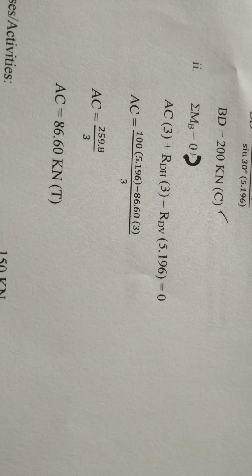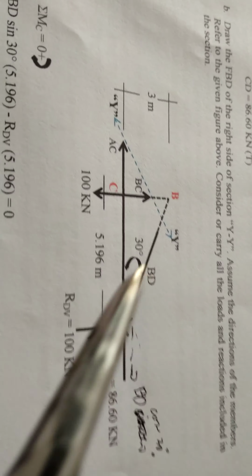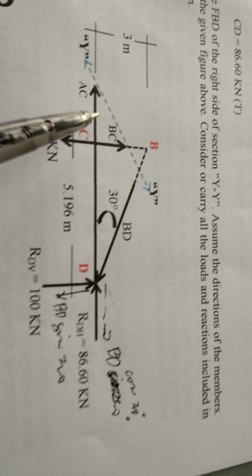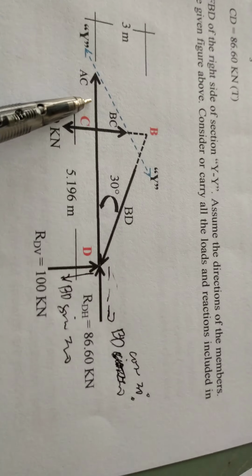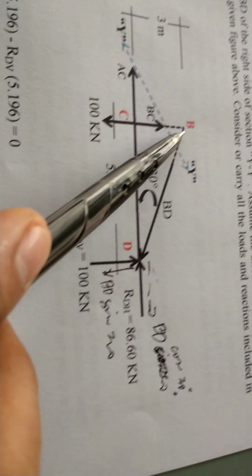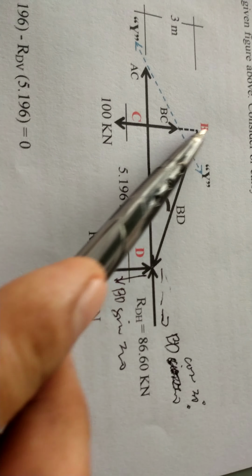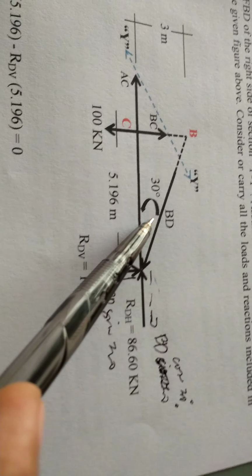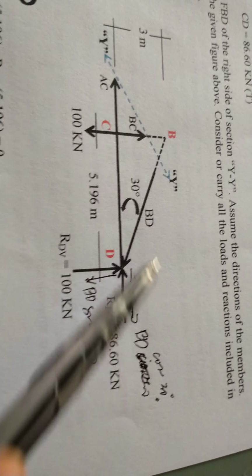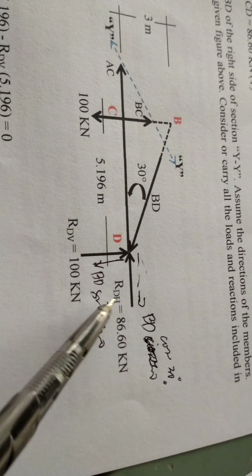Next, we have to solve for AC. Where is AC now? This is AC. How are we going to solve for that? Summation of moments at B. If you take moments at B, BC and 100 will be eliminated because they pass through here. So with BD, what is considered here is BD cosine 30 degrees.